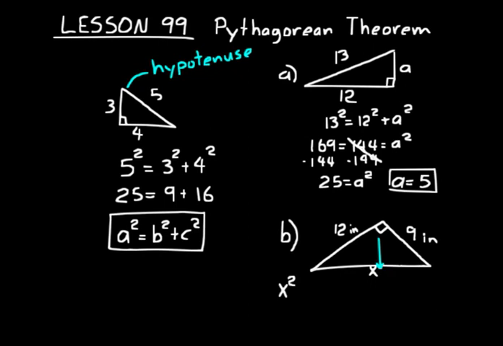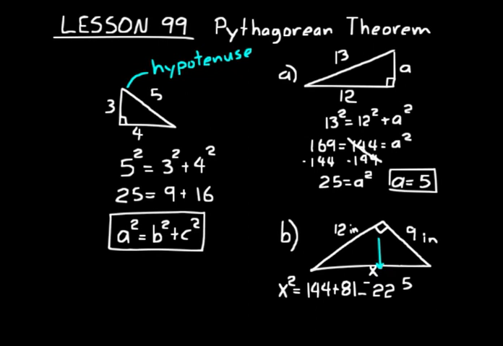The hypotenuse squared is equal to 12 squared. Let's just do that in our head, 144, plus 9 squared, which would be 81. 144 plus 81 is equal to 225.